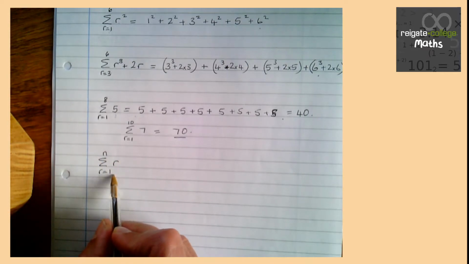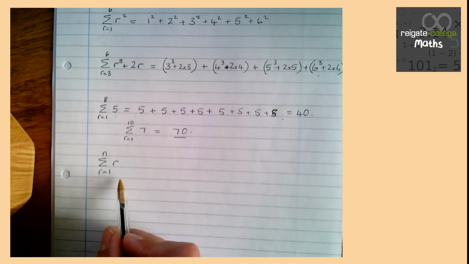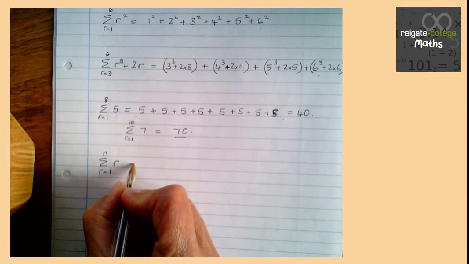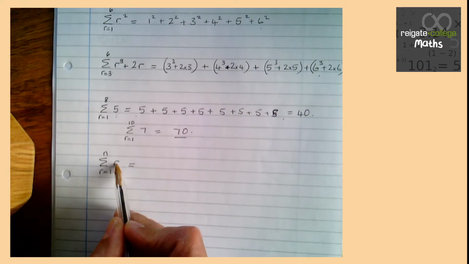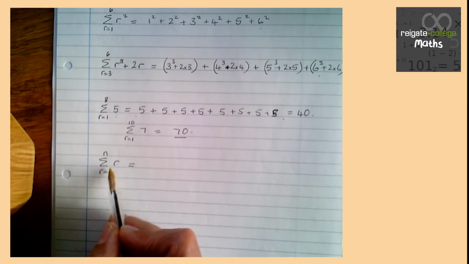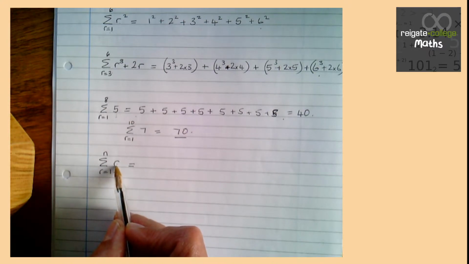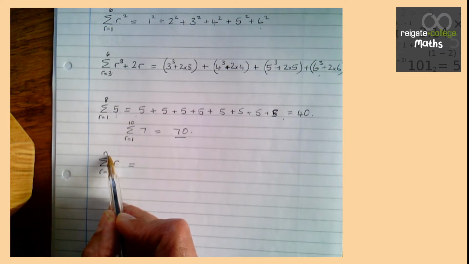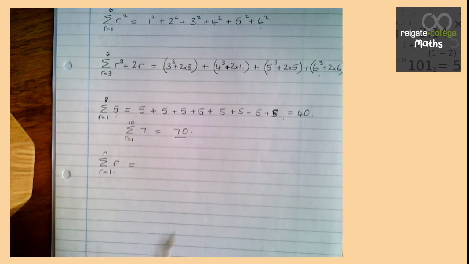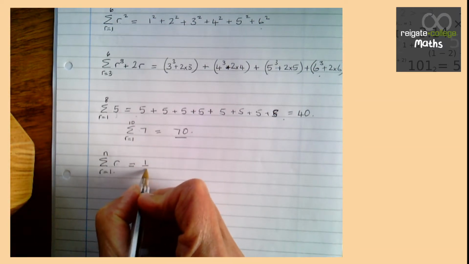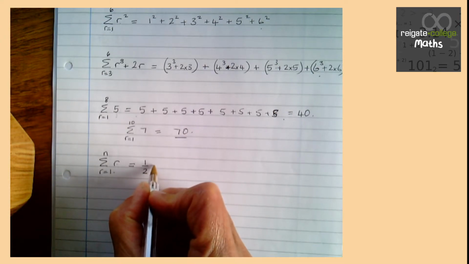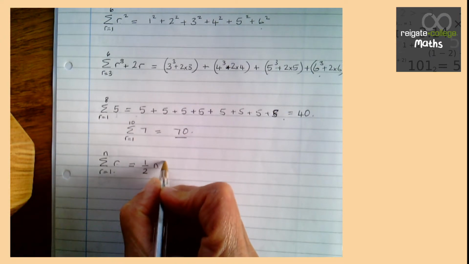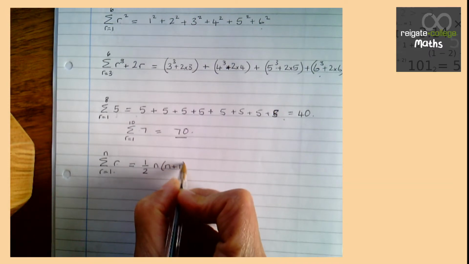Some of these sums have particular formulae that we can use to work them out. If I want to find the sum of the numbers from 1 going up in steps of 1, 1, 2, 3, 4, 5, all the way up to n, there's a particular formula that says that's going to be a half multiplied by n multiplied by n plus 1.